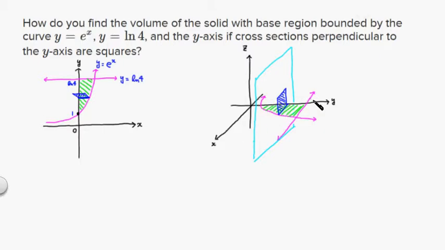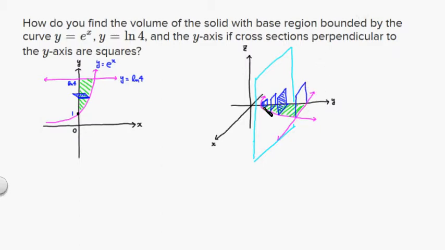And in order to visualize the whole solid, you're gonna have a whole bunch of squares. This is gonna be a small square here, and an even smaller square here, and here you're gonna have a fairly large square there. So let's see if I can draw this.